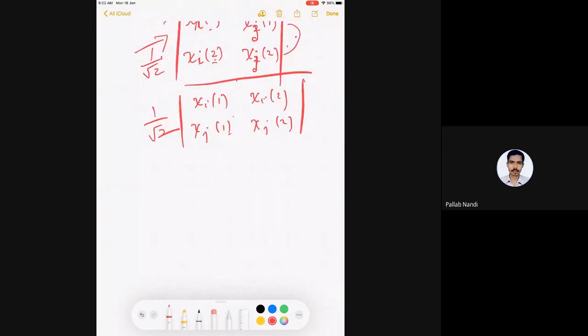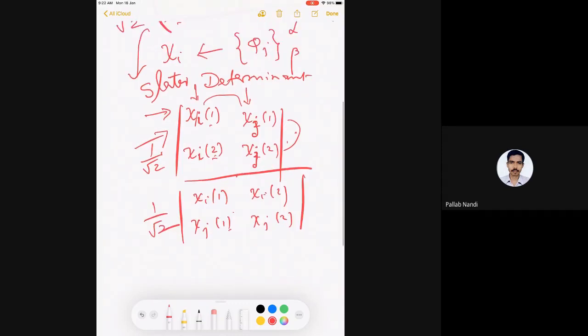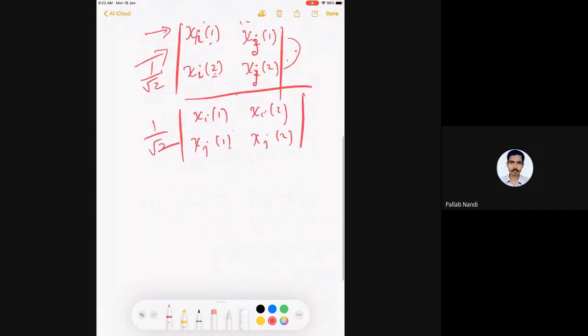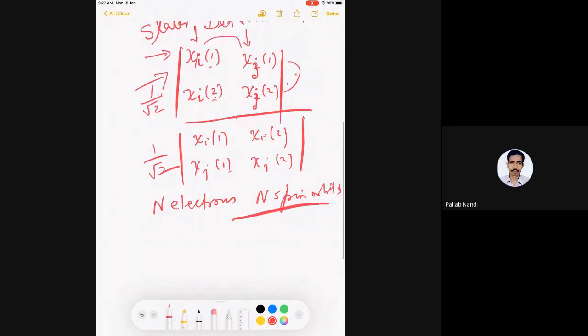And Slater actually introduced this, and this kind of way of writing is called the Slater determinant. So that is something that you have to learn. So let's assume that I have n electrons and n spin orbitals. Now I'm explicitly talking of electrons. Remember, for bosons, it's completely different because the wave function has to be symmetric, so it can't be a determinant for bosonic systems.